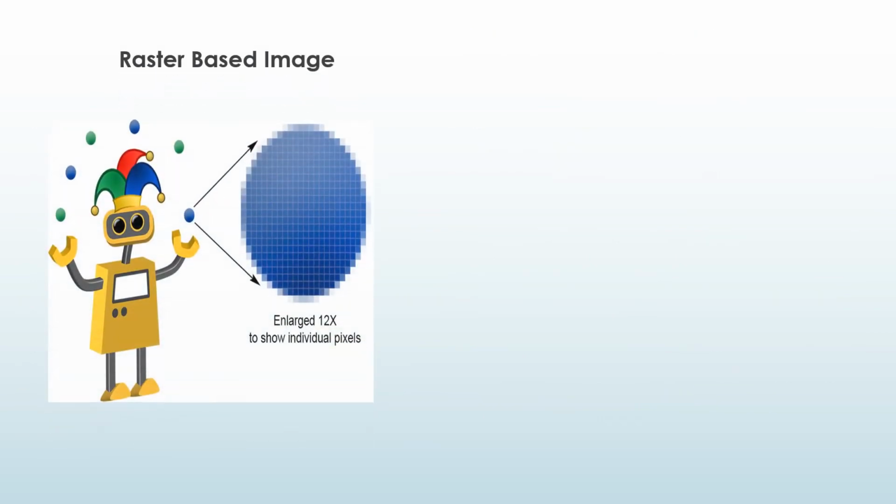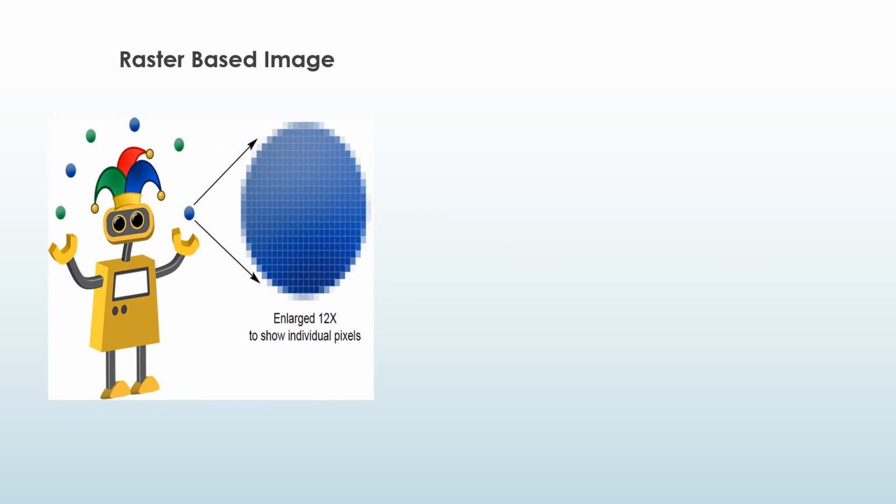So let us see what a raster-based image is. I have shown you an image here, a robot with different individual colors. Let me pick a single color, blue, and enlarge it 12x.